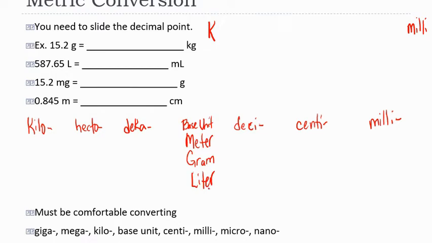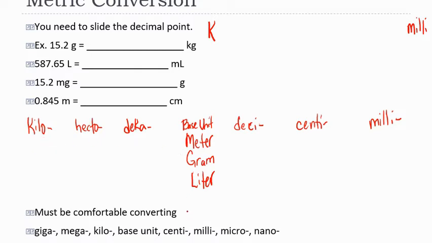You might even have a byte here, B-Y-T-E. You've heard of a kilobyte? Data is even measured in this when we're talking about computers. So this is our base unit. Then we have our deca, our hecto, and our kilo.